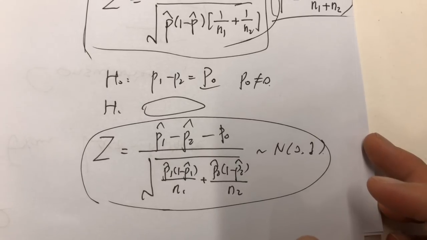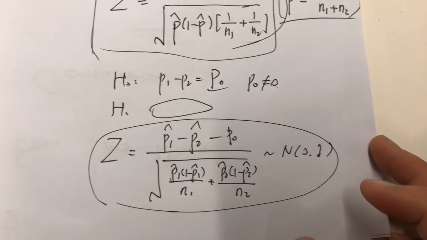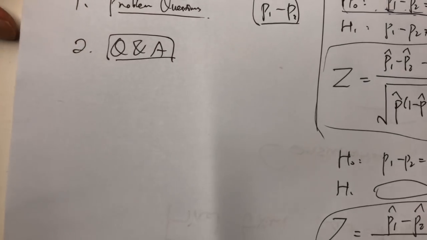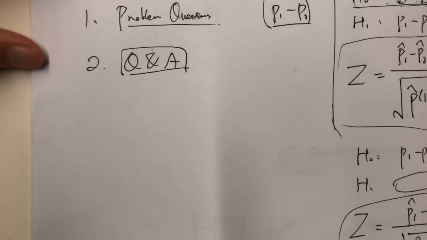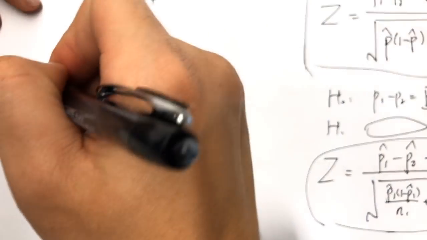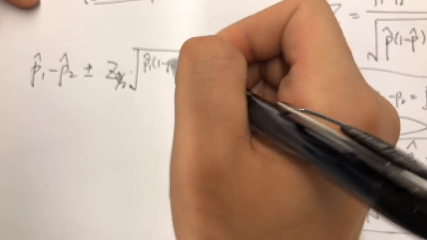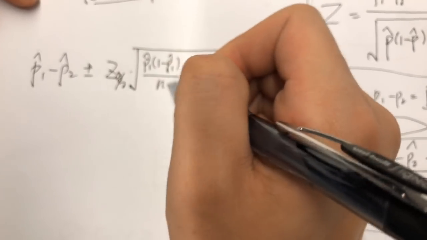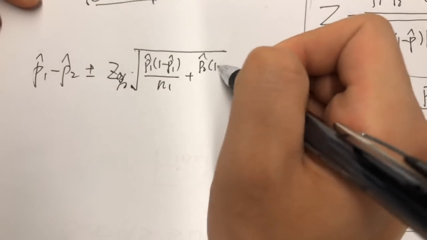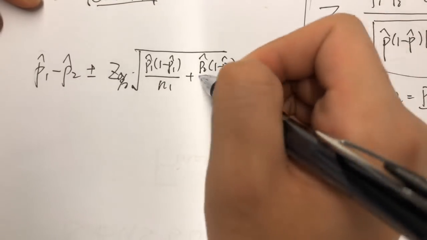And part 2, I have noticed the same formula discrepancy in estimation as well, for the estimation of P1 minus P2. So for the estimation of P1 minus P2, it's just P1 hat minus P2 hat plus or minus z half alpha times the square root of P1 hat times 1 minus P1 hat over N1 plus P2 hat times 1 minus P2 hat over N2.